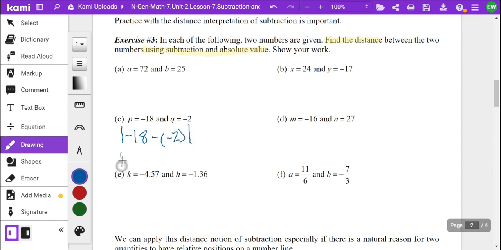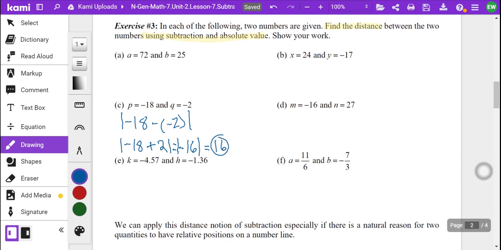And I'm also going to rewrite it as negative 18 plus 2. Okay, so I'm at negative 18 and I'm going in the positive direction 2. So that'll get me to negative 16. And the absolute value of negative 16 is 16. Okay? Alright, let's go ahead and copy that down.